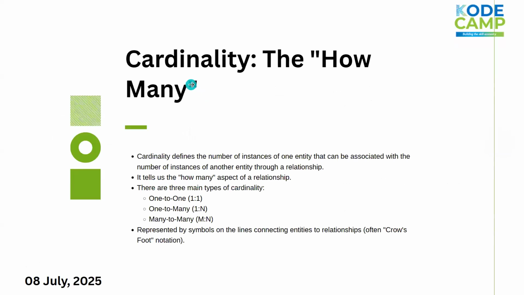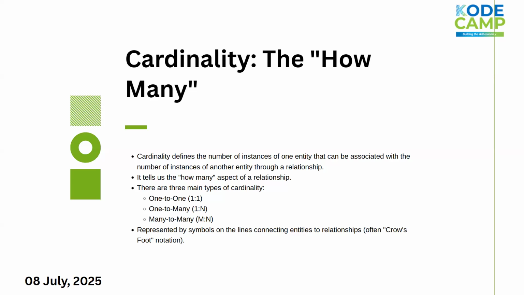Cardinality. The cardinality, how many. Once you have identified your entities like students, then the attributes and relationship, the next critical step is to define their cardinality. What do I mean by cardinality?